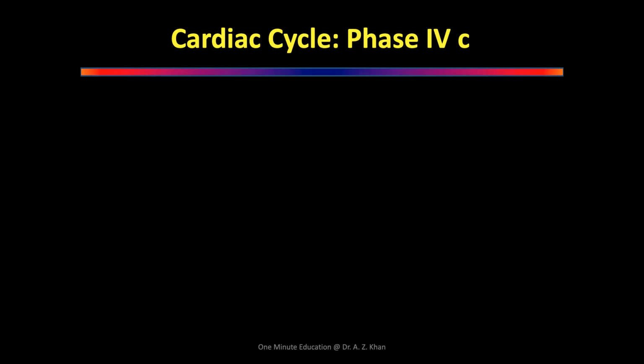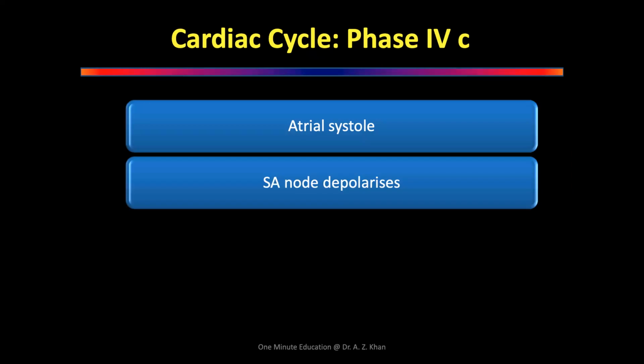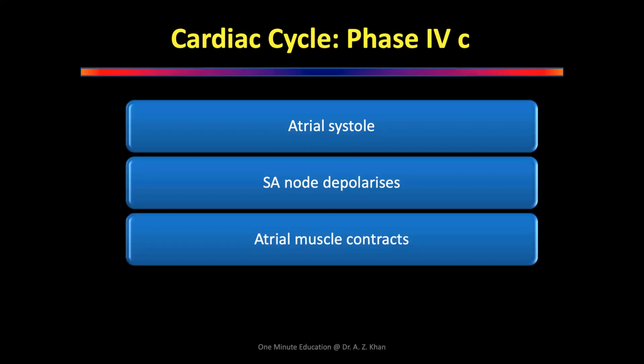It starts with 4C, which is atrial systole. A cardiac cycle starts with 4C, atrial systole. SA node depolarizes. Atrial muscle contracts.